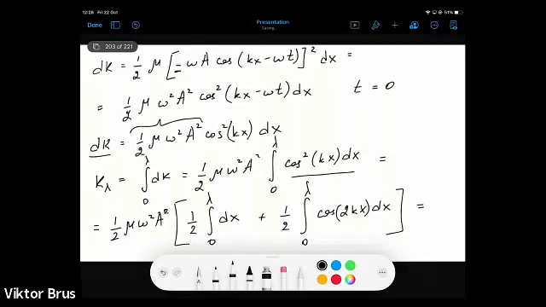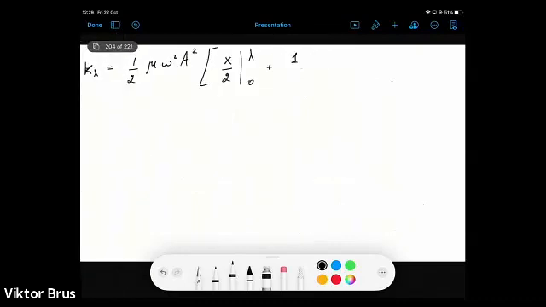So we need to modify our differential in order to match the argument of the cosine. And that's why we need to divide and multiply. So we will have d2kx, but in order to keep everything the same, we need also in front of the integral 1 over 2k. And then when the differential and argument of the function are the same, we can integrate.